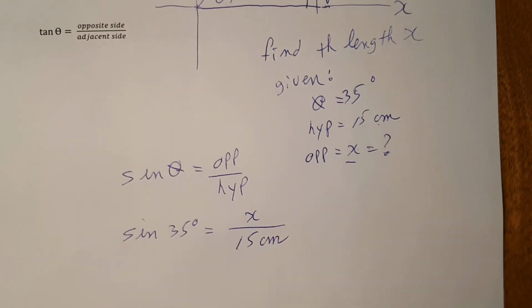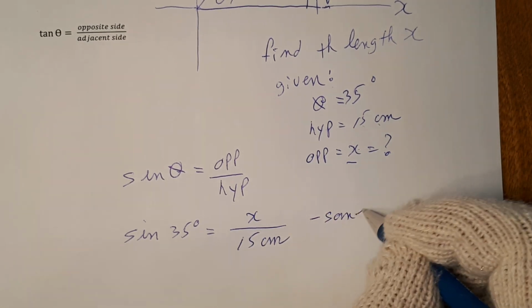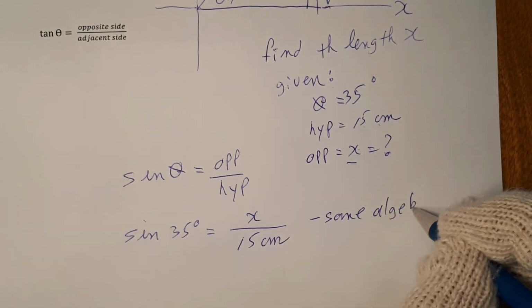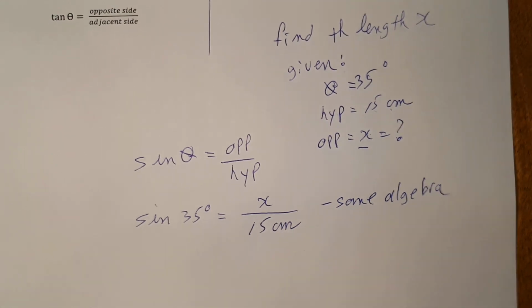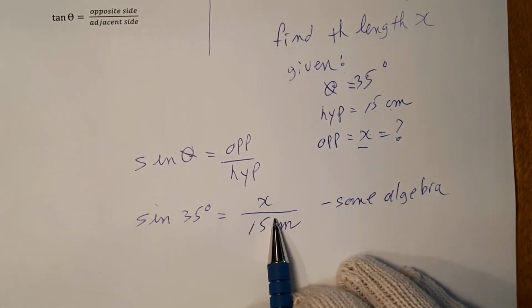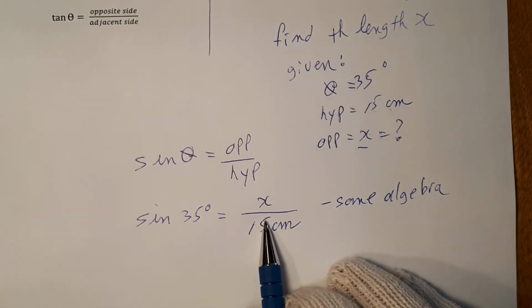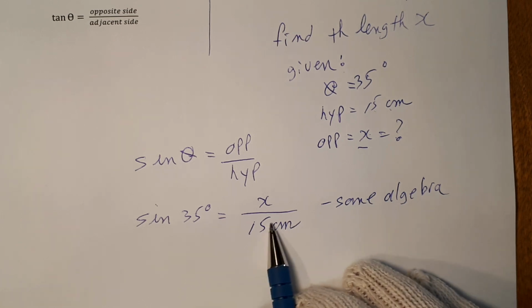Up to this point, the trigonometry is done. All that's left now to do is some algebra in order to solve for x. Looking at this, 15 centimeters is in the denominator, and we want to move the 15 centimeters to the left-hand side in order to isolate the x. We do that by multiplying both sides.